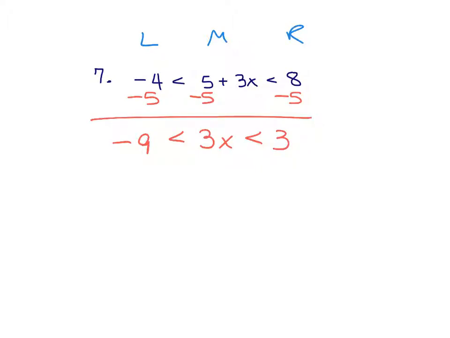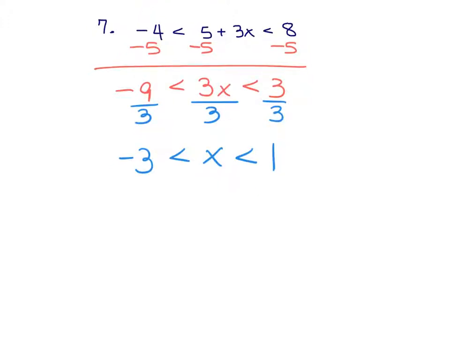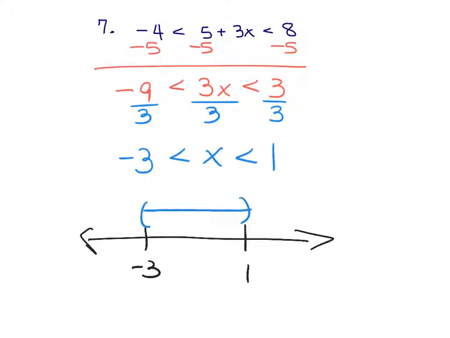I now need to divide each piece by the 3, because your goal is to isolate the x. So then I'm left with negative 3 is less than x is less than 1. When we go to graph these compounds, put the negative 3 and positive 1, and the new way is to put parentheses, parentheses, and join it in the middle, because this is a range.